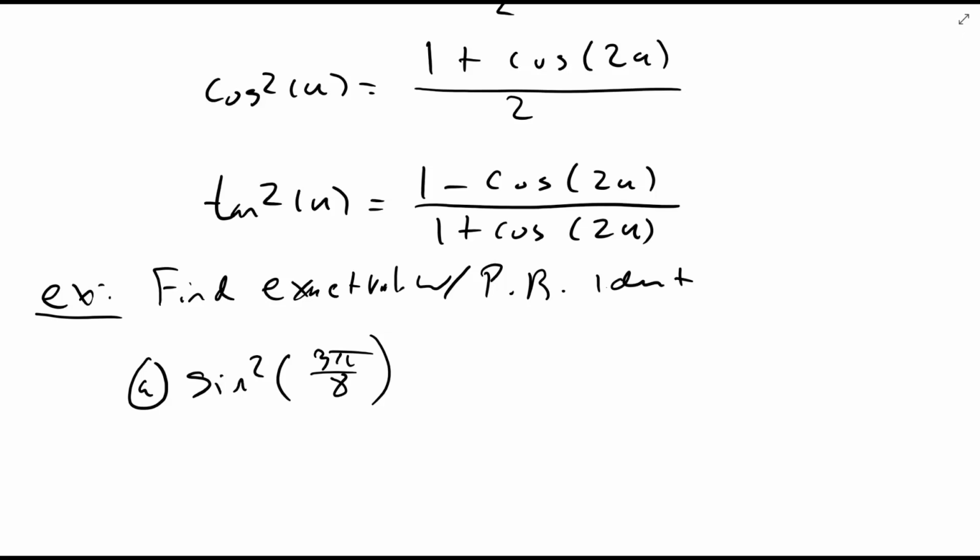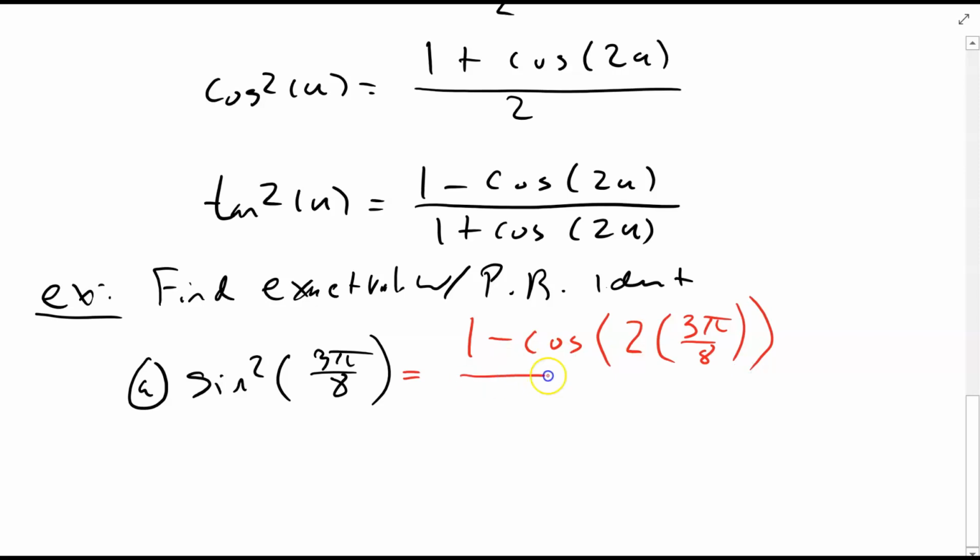Notice that 3 pi over 8 is not a unit circle value, so you can't compute this directly. Now, if I apply my power reducing identity, how would I rewrite this? If I look above, it's 1 minus cosine of 2u all over 2. Everybody's okay with that?